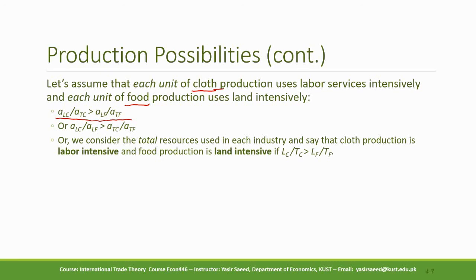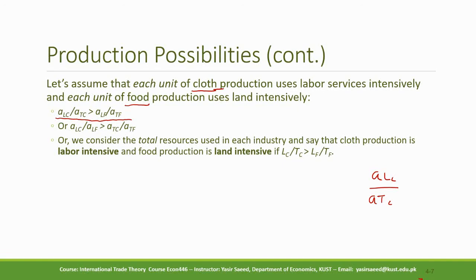Let me rewrite this equation so that we can understand the statement more clearly. You know that ALC is the amount of labor required for the production of cloth, and we compare it to the amount of land required for the production of cloth.